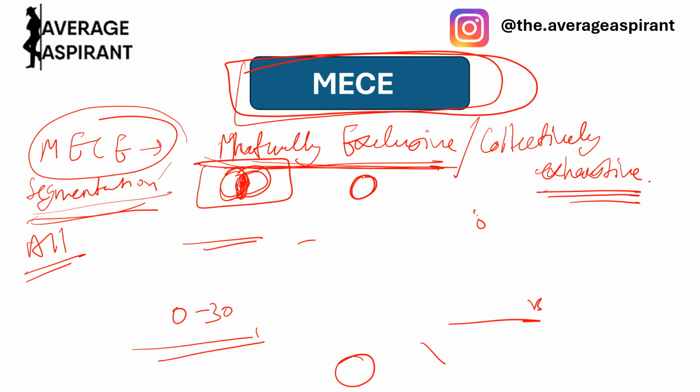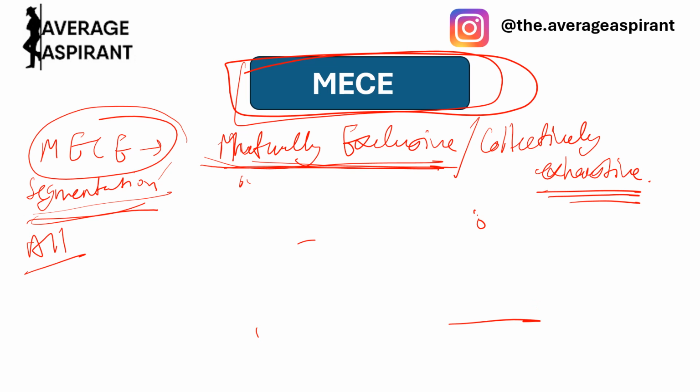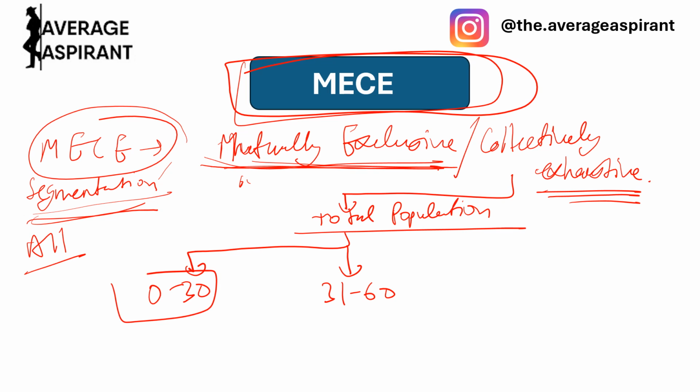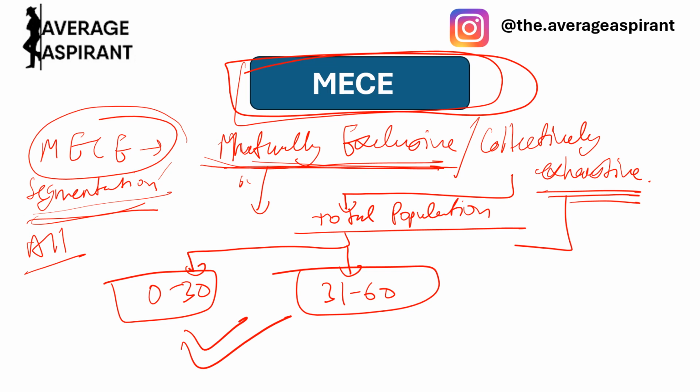Then what is collectively exhaustive? Just a second. Let me clear this. What is collectively exhaustive? Again, we will use the same example. You have total population. You divide it into 0 to 30 and then 31 to 60. Is it mutually exclusive? Yes. But is it collectively exhaustive? No. So what does collectively exhaustive mean?